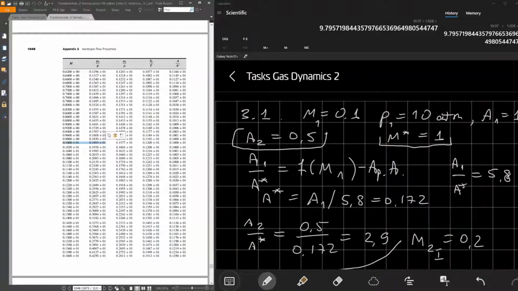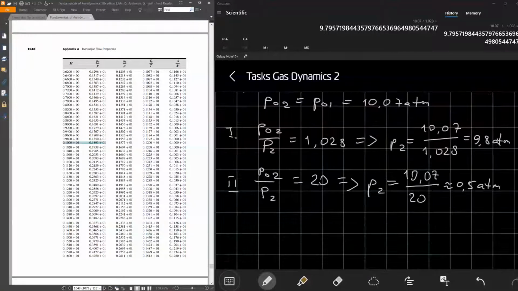And if it accelerates to Mach 1, in this case, if the pressure is enough for the acceleration. And the static pressure, also called the characteristic pressure in the throat, would be calculated in the same form.